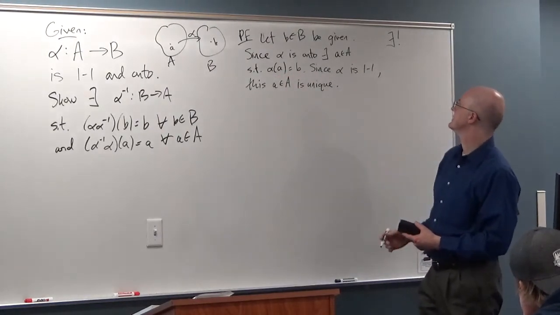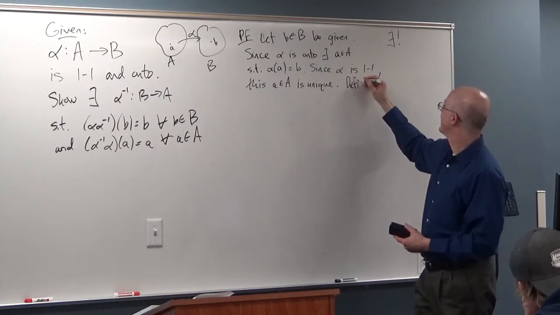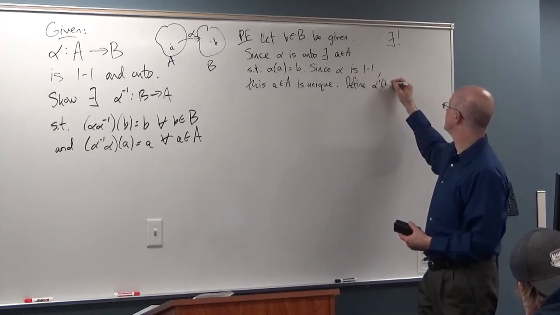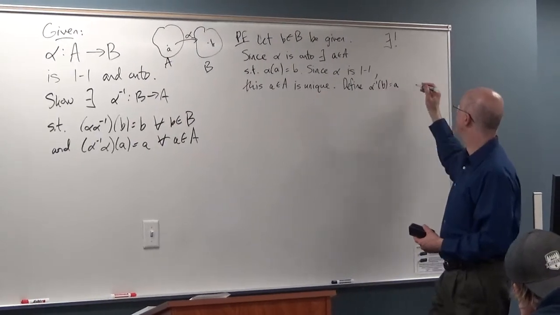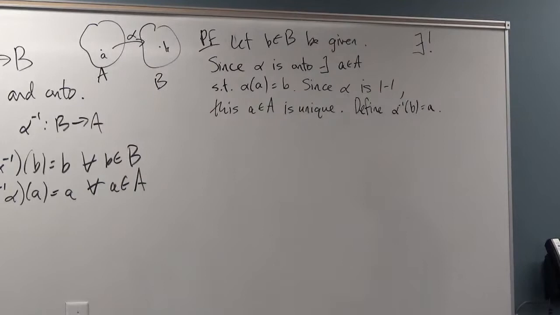Define alpha inverse of b to equal this unique little a. That's defining the function alpha inverse.